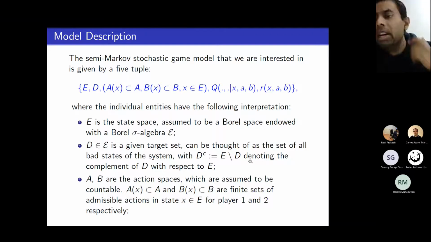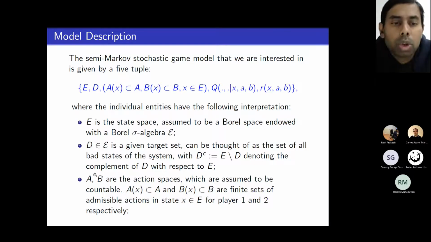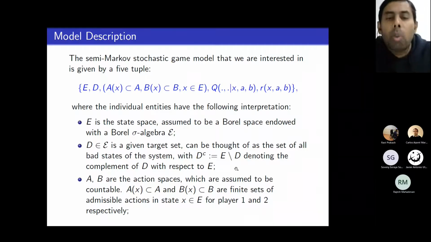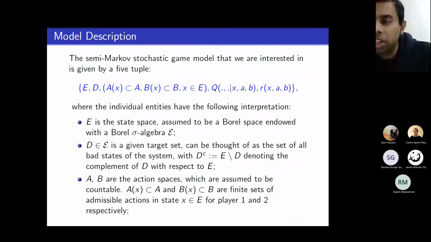Now, as I said, the players take some actions. So A and B will be the action spaces, which we will assume to be countable. And now this A(x), which is a subset of A, and B(x), which is a subset of B, will be finite sets. Now, what are these sets? These are basically the sets of admissible actions in state x for player 1 and player 2 respectively. So the players will choose their actions based on what the state of the process currently is.